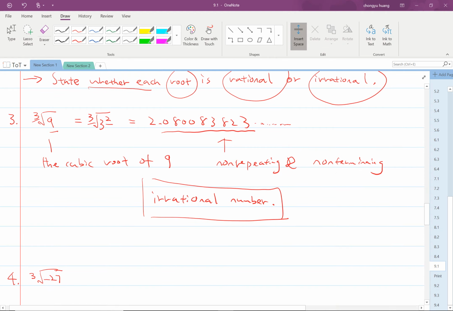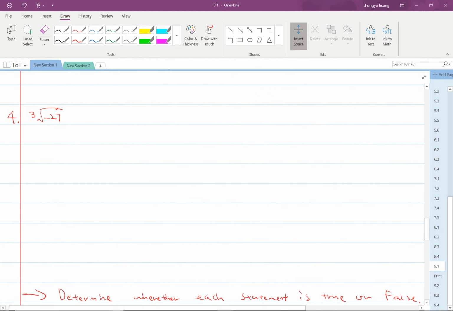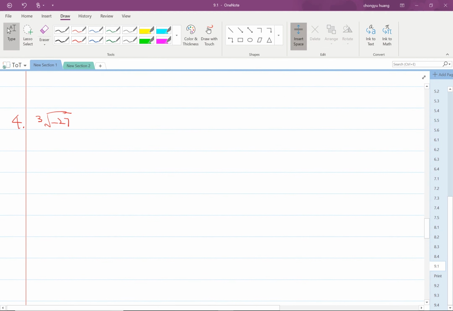Okay, so let's move into the next one. What we have over here is a cubic root, and then we have negative 27 as the number. As you guys know, negative 27 is actually equal to negative 3 to the power 3, right?